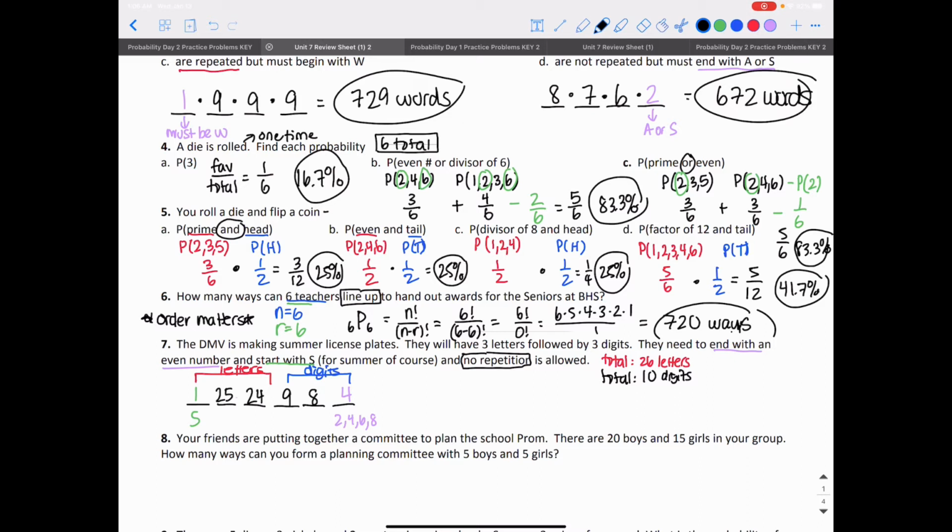These are my options for each character. I'm going to multiply all of these together to find the total if I combine all of them. And that's going to give me 1 times 25 times 24 times 9 times 8 times 4, which gives me 216,000 license plates.